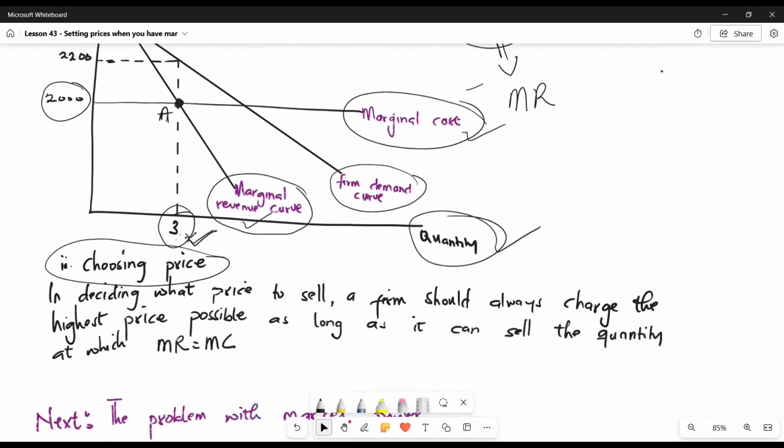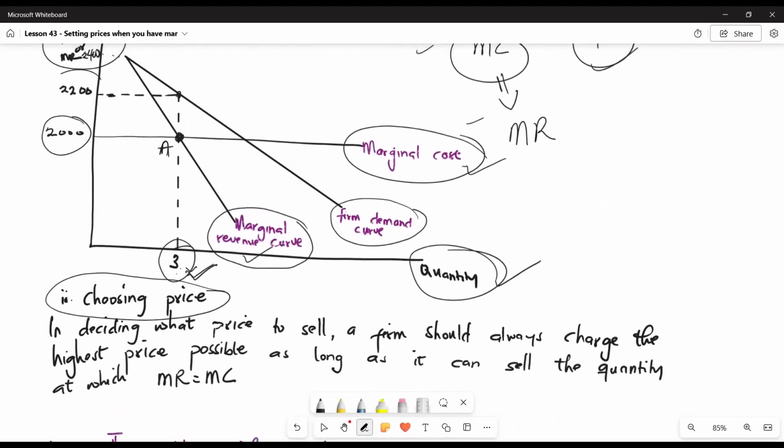When the firm knows the quantity that it should produce, all it has to do is trace that quantity to the demand curve. The price that the firm should charge is 2,200. This can just be obtained by looking up at the demand curve for the specific quantity that a firm has decided to produce.